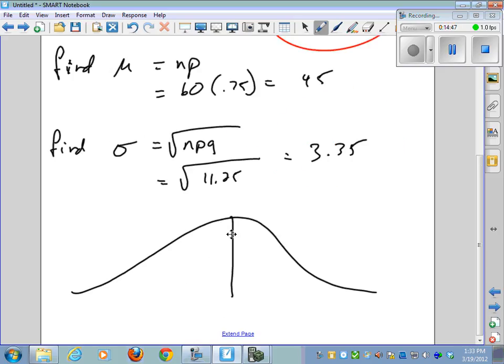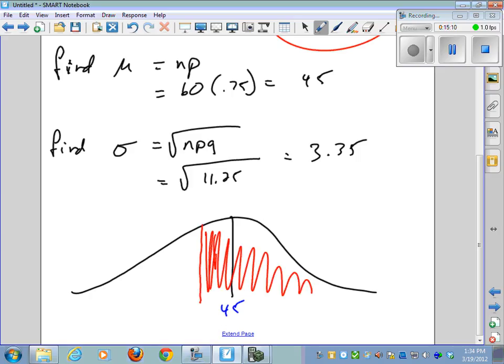Okay, so on our bell curve, our mean is at 45, right? And I want to know the chance that she's making 42 or more. She makes at least 42. So 42 is going to be about there. Already, I can tell that the answer is going to be greater than what number?